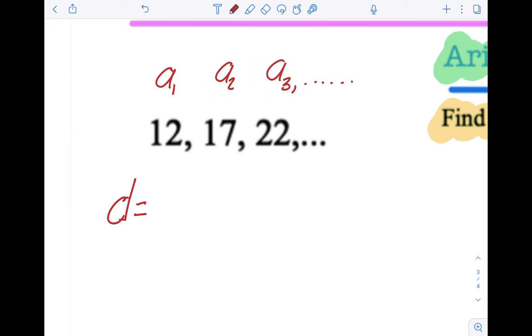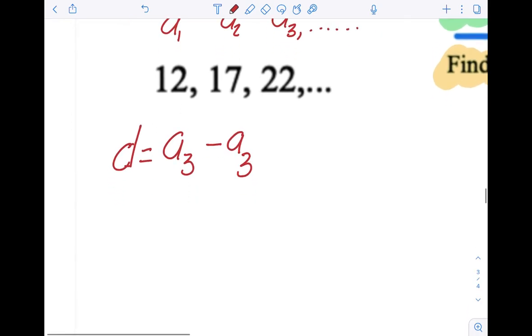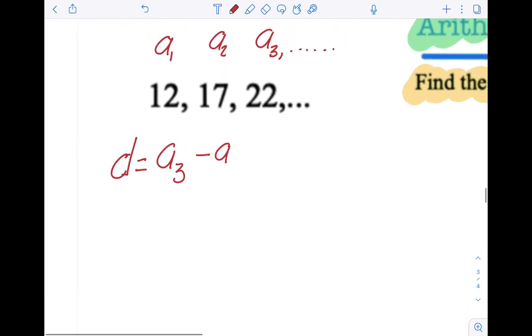So we're going to take a3 minus a2. a3 is 22, and a2 is 17. Third term minus second term: 22 minus 17 is equal to 5.